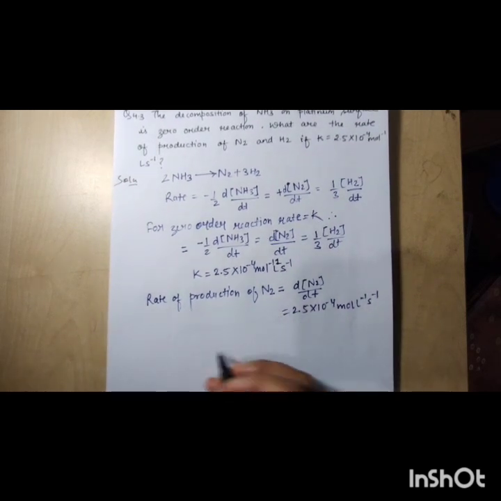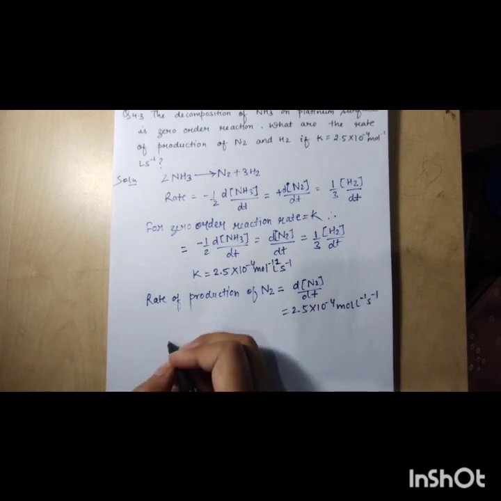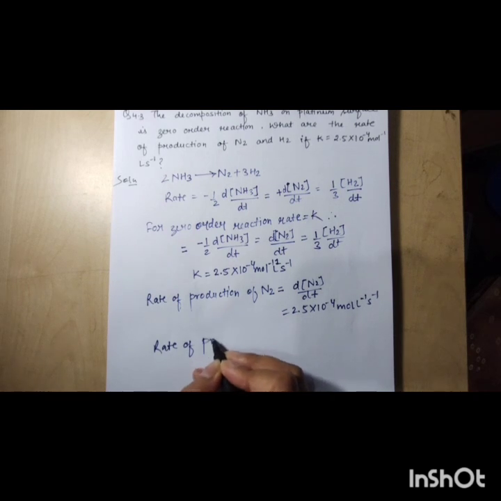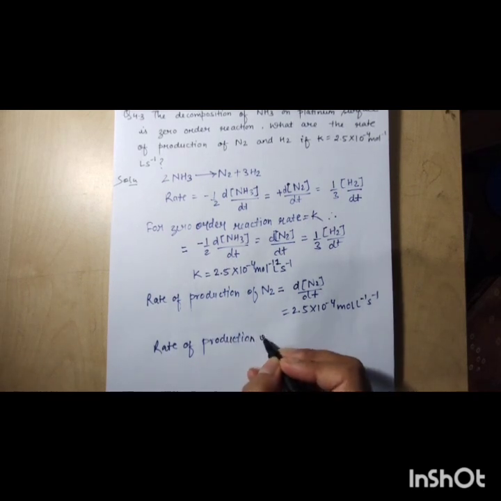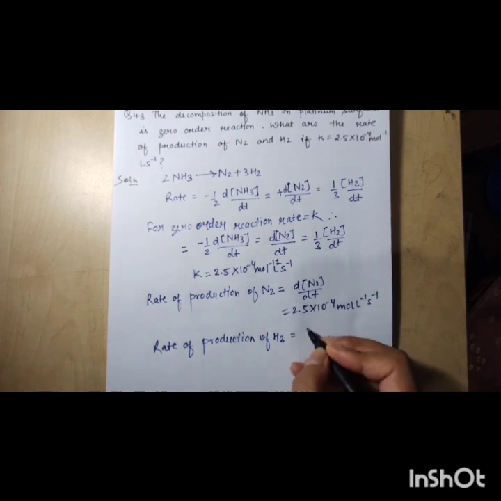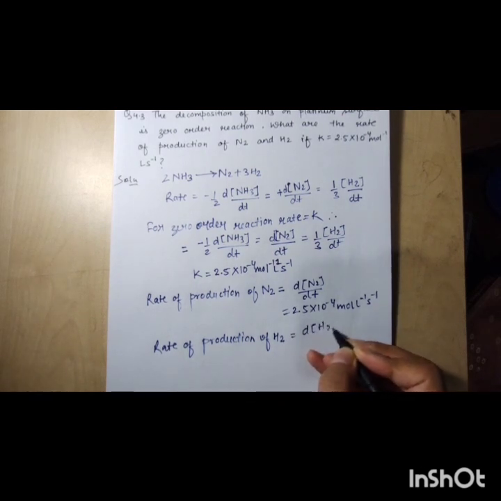Our next step is the rate of production of H2, that is d[H2] by dt.